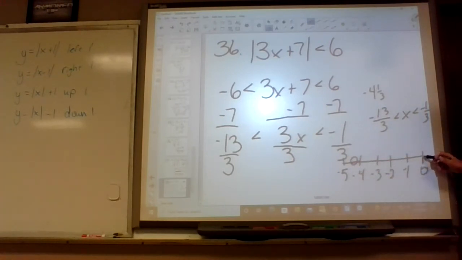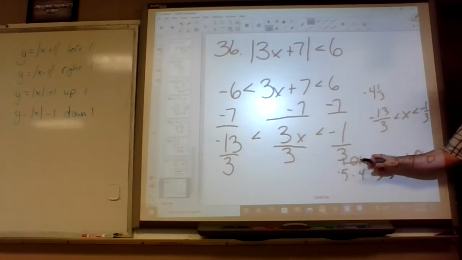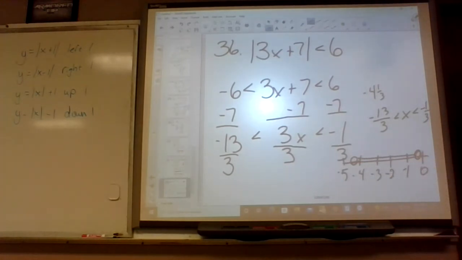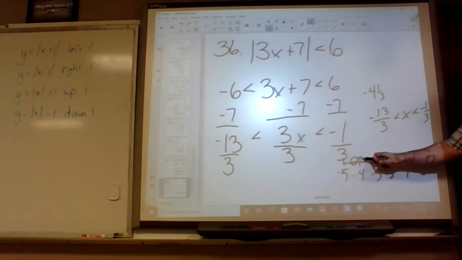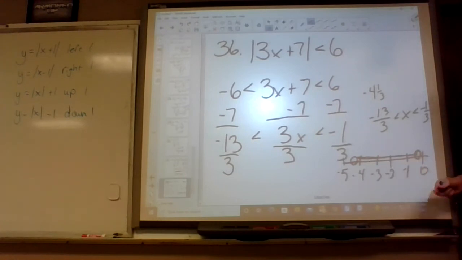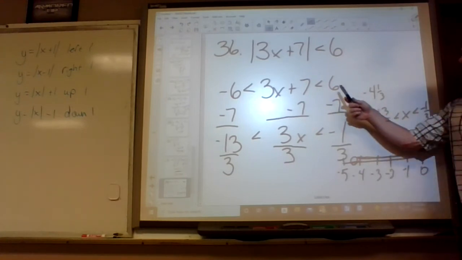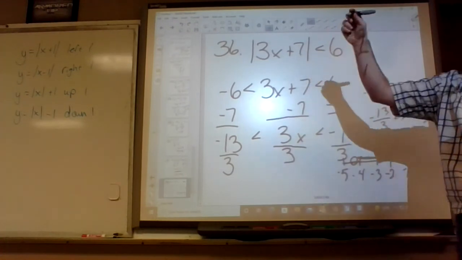And negative 1/3 is 1/3 of the way to negative 1. It's everything between those two. All these numbers in this line, negative 3, negative 2, negative 2.5, anything in here should work.